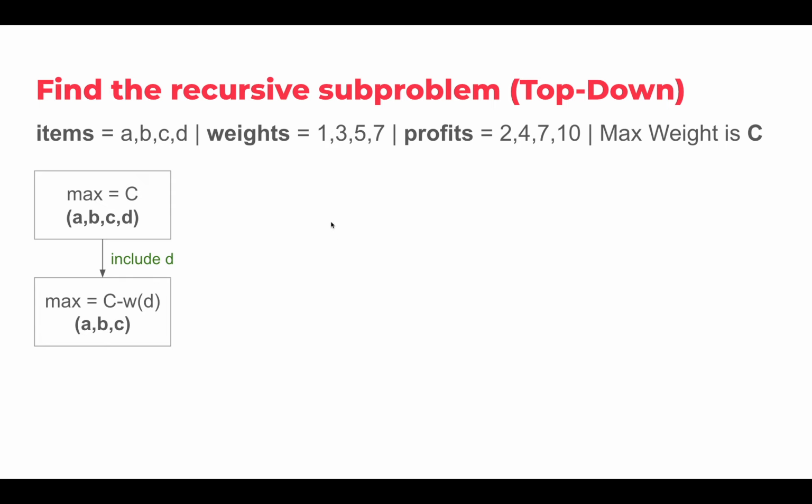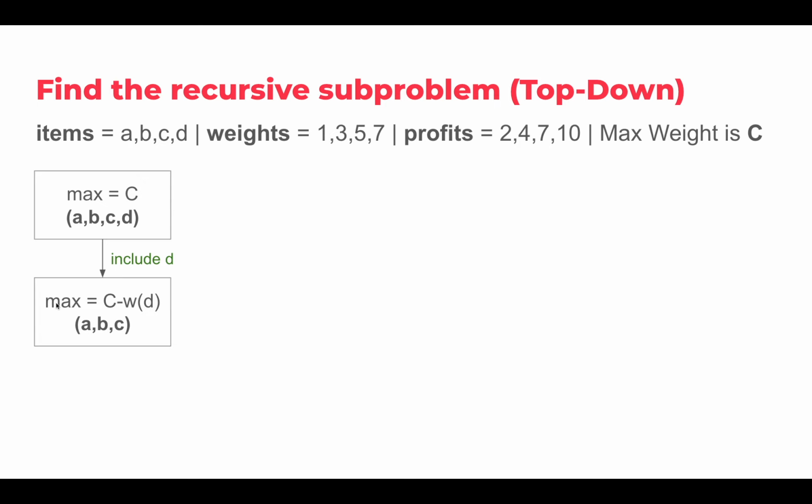So let me just get to the previous one. If I decide to include item D in my knapsack, it means now when I'm left with only 3 items, the weight available for me has reduced. So the weight available for me in this particular instance is not C anymore. It's C minus the weight of D that I was able to clear out over there.